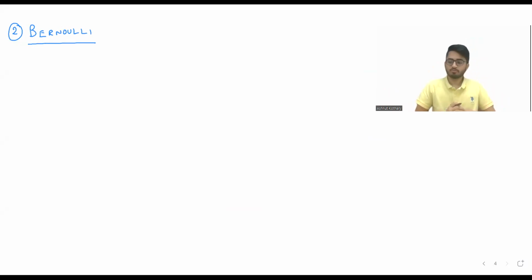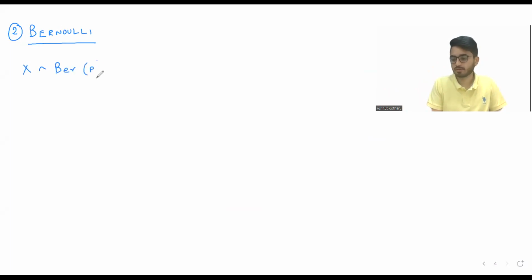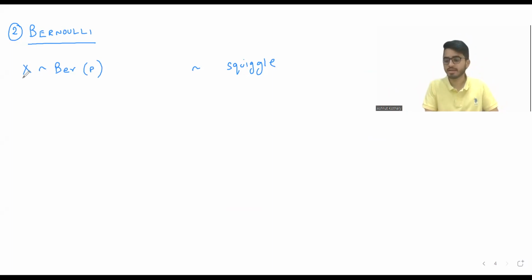So in a Bernoulli distribution, let us first take a look at the structure, or the way to go about writing it. The way we write it is x follows Bernoulli(p). This squiggle is what we basically say to denote 'follows'. So the way to read it out is x follows Bernoulli, where the parameter of interest is nothing but p.